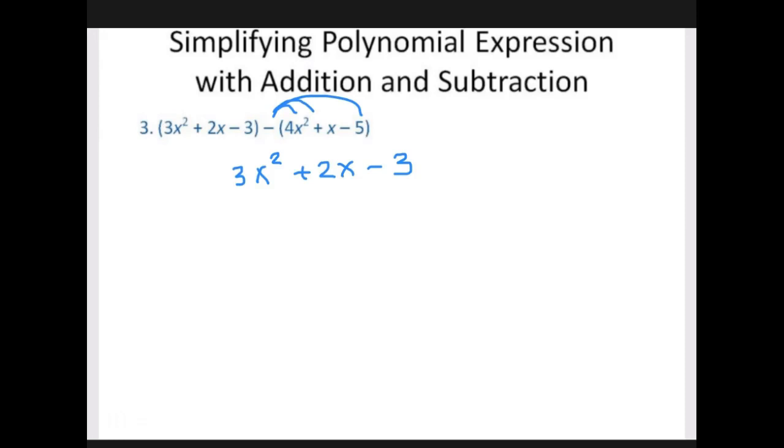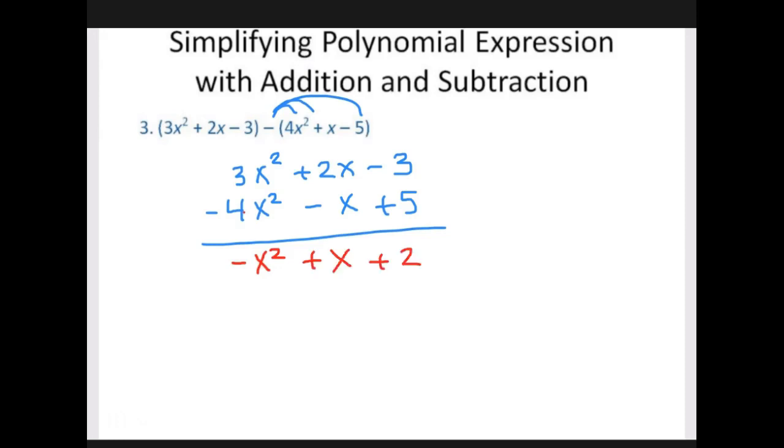So I could write that as minus 4x squared minus x plus 5. Where you stack the like terms and you add them downwards now. So 3x squared minus 4x squared is negative x squared. 2x minus x is x. And negative 3 plus 5 is positive 2.